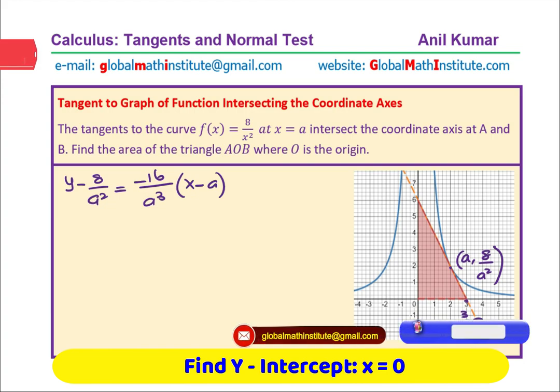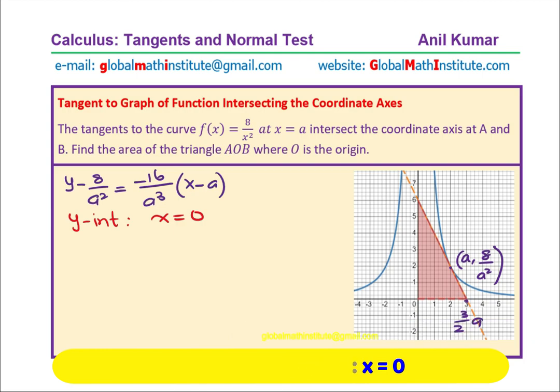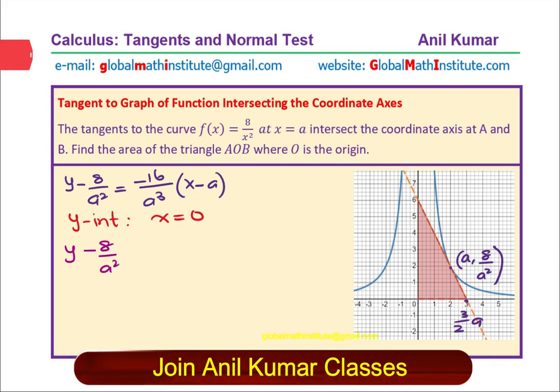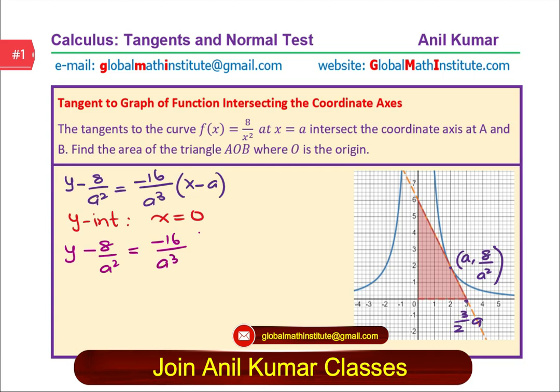So let's find the y-intercept now. Y-intercept is when x equals 0. So we have y minus 8 over a squared on this side, and minus 16 over a cubed, substituting 0 for x, we get minus a here. Perfect.